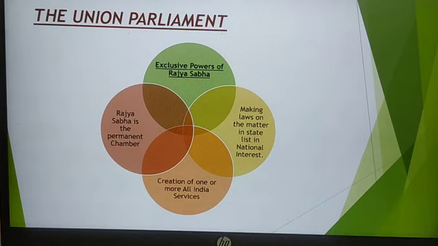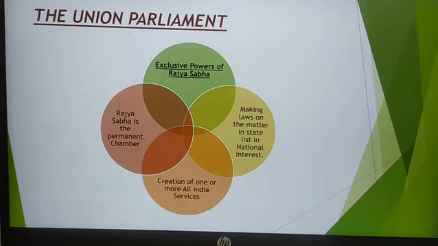Then creation of one or more All India services. 2/3 majority voting is very important for all the important matters, all the important amendments. So the Rajya Sabha may by a 2/3 majority pass a resolution that it is necessary in the national interest to create one or more All India services. Thereupon, Parliament may by law create new services.